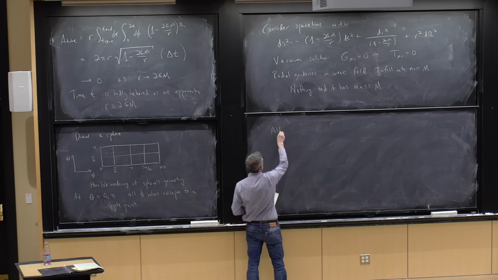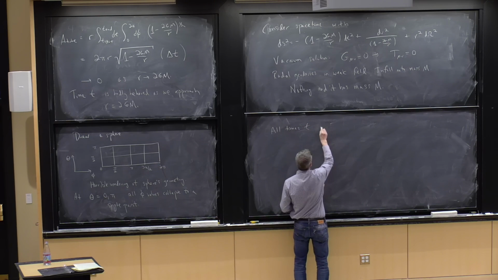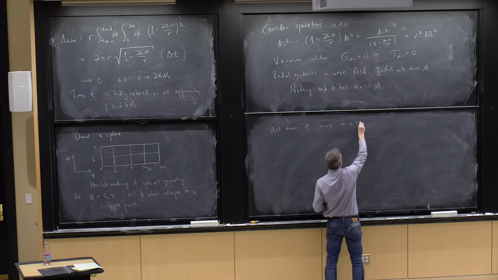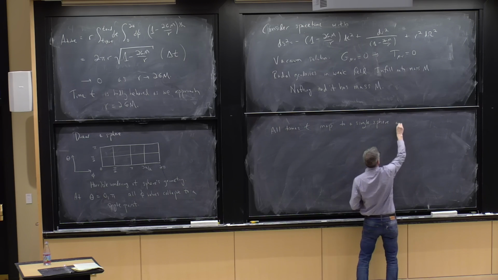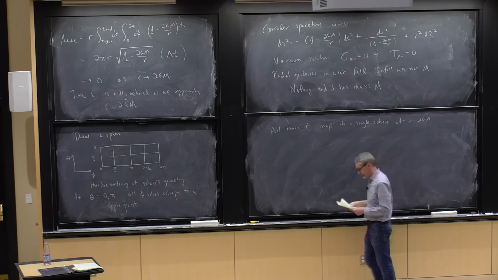It's going to turn out all times t map to a single sphere at r equals 2GM.